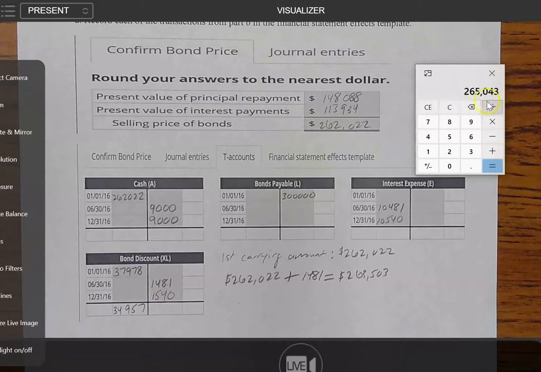Either way, we're going to end up with 265,043. But this is strictly the carrying amount of the bonds, okay? Notice I have not touched this liability here, and neither should you. All right, well, hope you learned something, and that's it for this video.